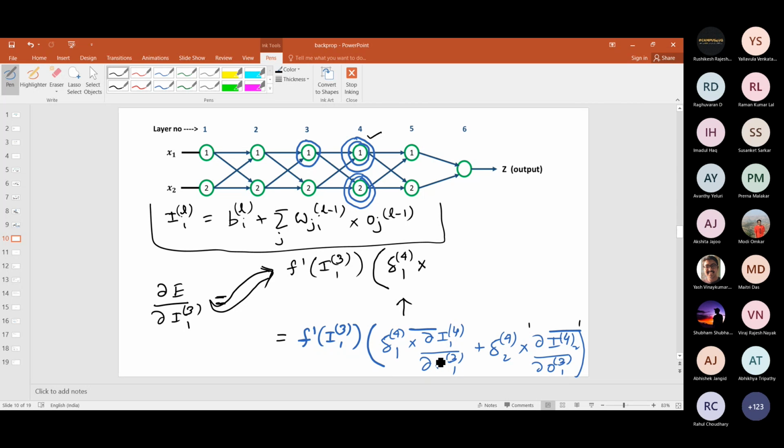Now I simply want to simplify this further. Using this relationship, can you suggest what will be the value? I want to simplify this derivative, and I have this relationship. So if I do that, what will be the value here?